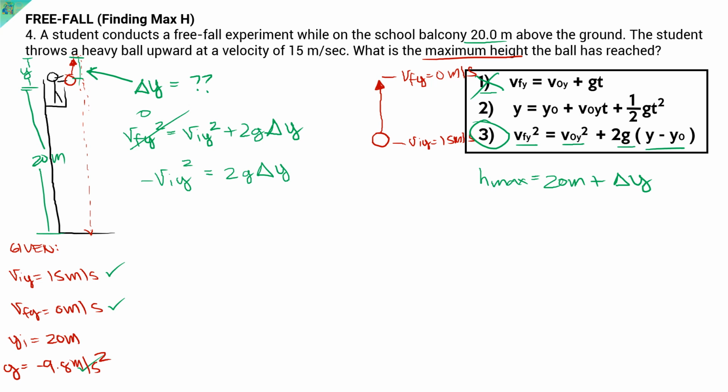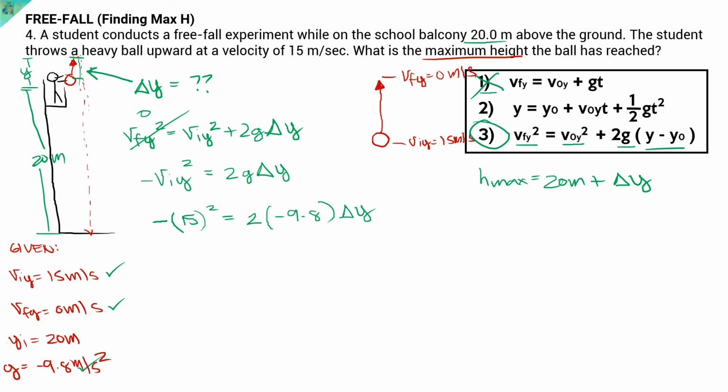Okay, what is our vi? That is 15. So that would be negative 15 squared is equal to 2g. Our g is of course negative 9.8 delta y. Okay.